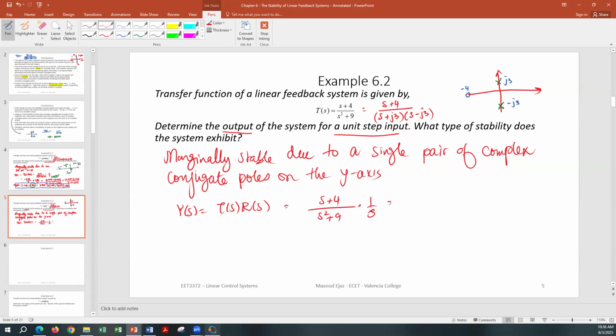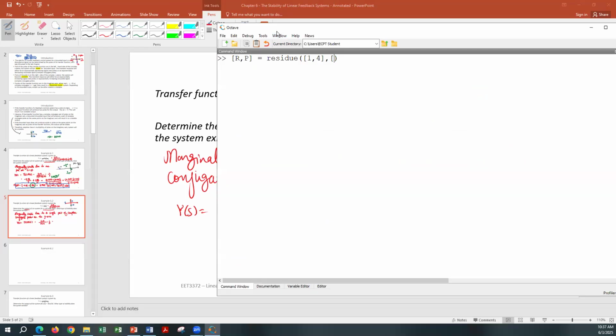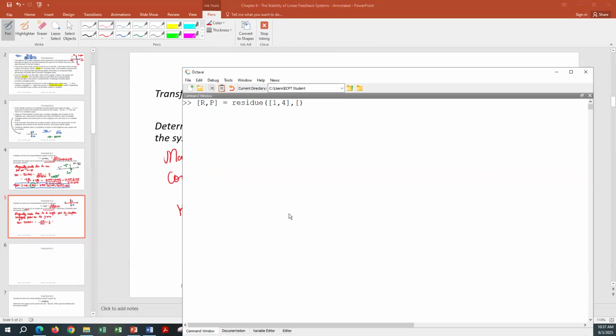Let's do it. The numerator is s plus 4, so 1 comma 4, and the denominator is s square plus 9 times s, so s cube plus 9s. So s cube, and there is no s square, so 0, 9s, and 0.